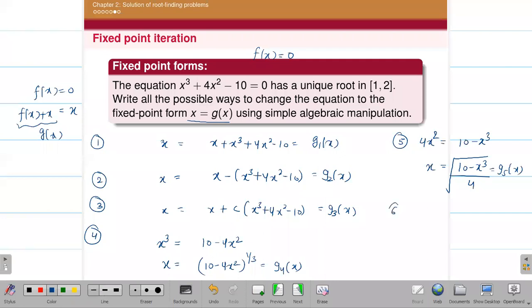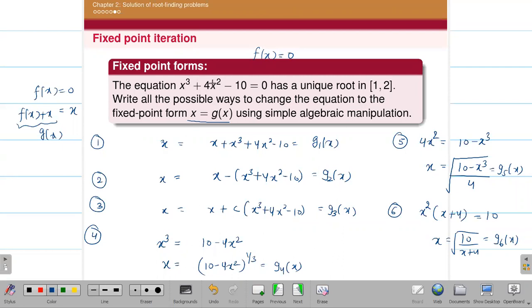One way. Any other way? If I take x square common from the equation, x plus 4 is equal to 10, then I will get 10 by x plus 4. This is also one way. Another way to write. Any other way? Actually, there are several ways to write.